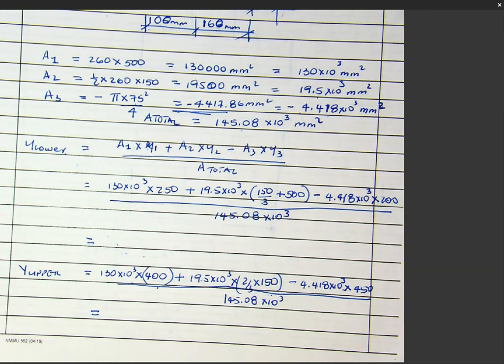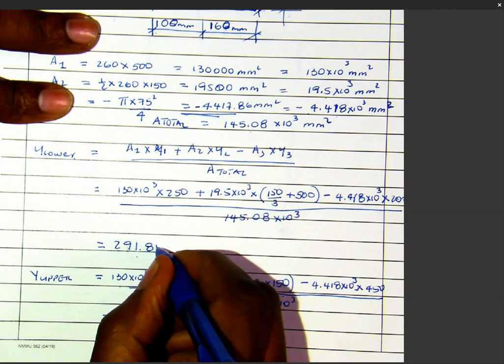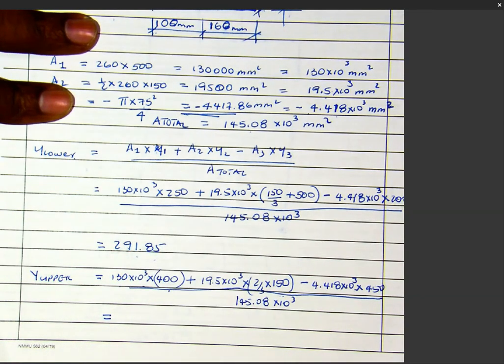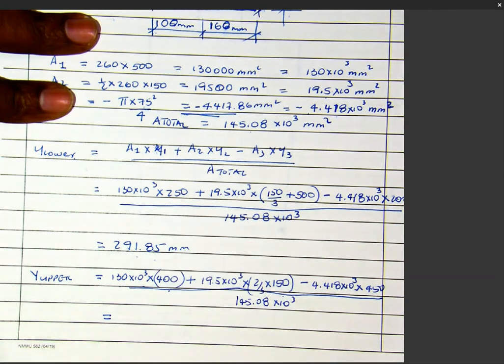Minus 4.418 exponent 3 times 200 divide by 145,08 exponent 3. I'm getting 291,85 millimeter from the bottom. I'm going to try the top, 130.